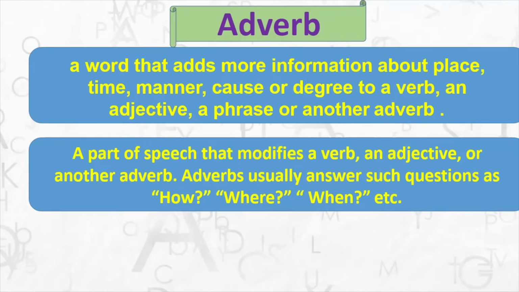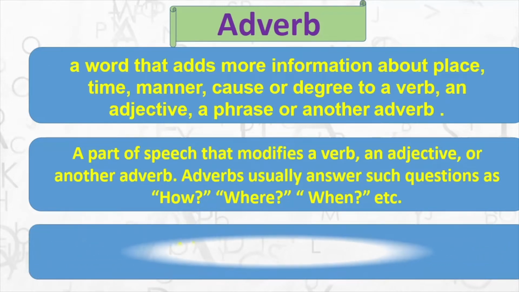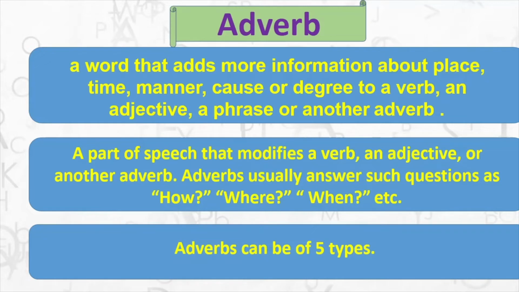Now this how can be manner, where can be place, and when can be time. When we look at the types, there are 5 types of adverbs. So this is in short the meaning of the concept adverb.